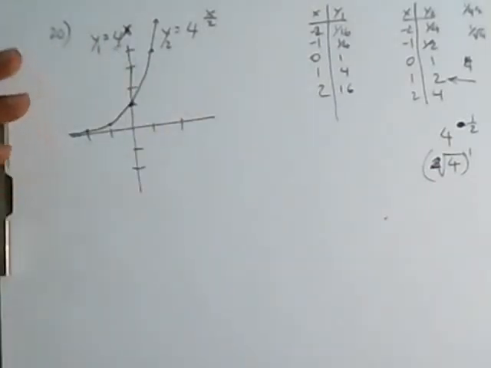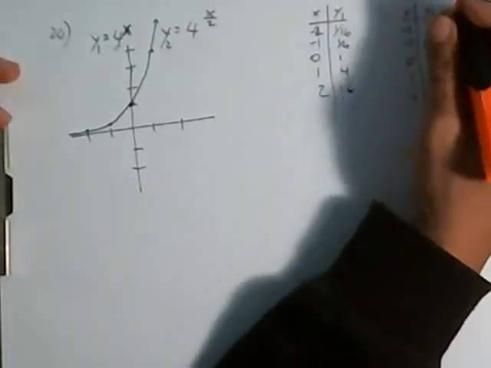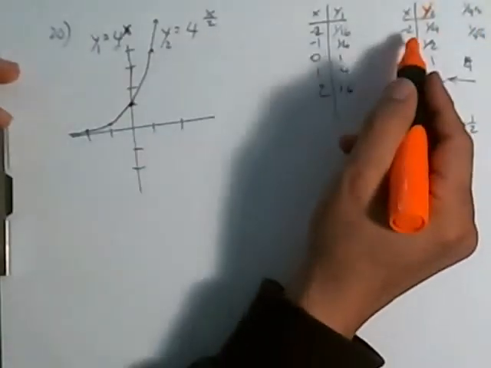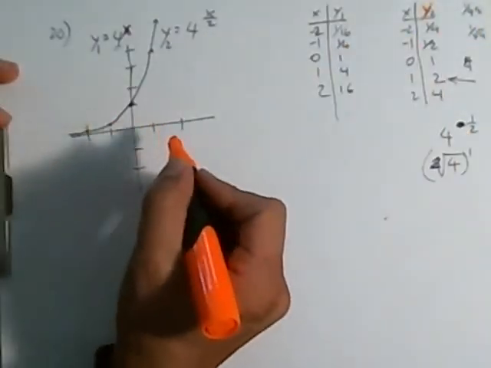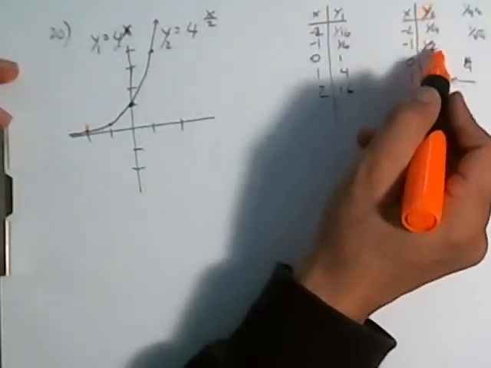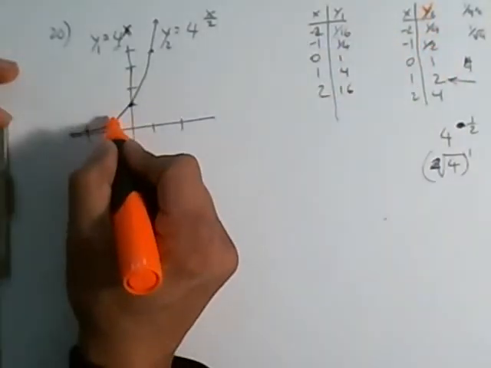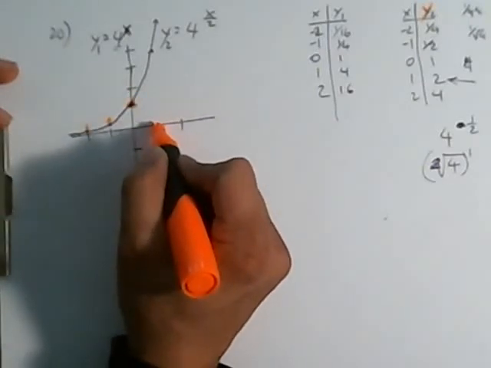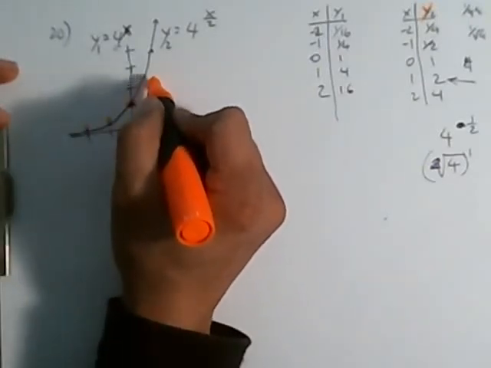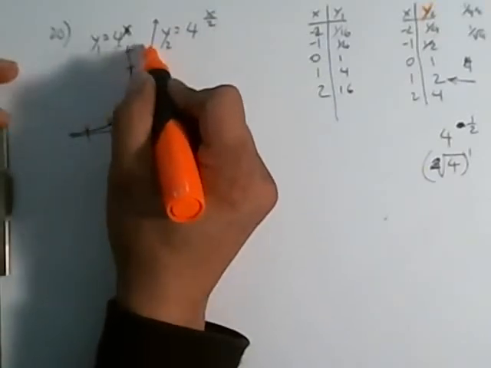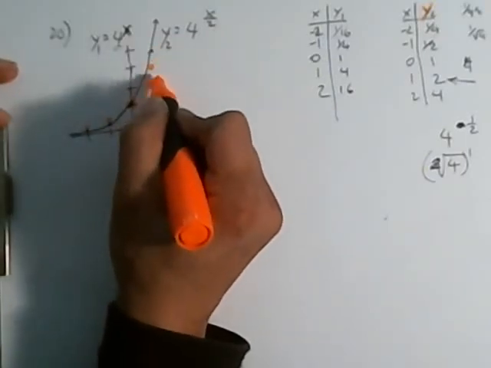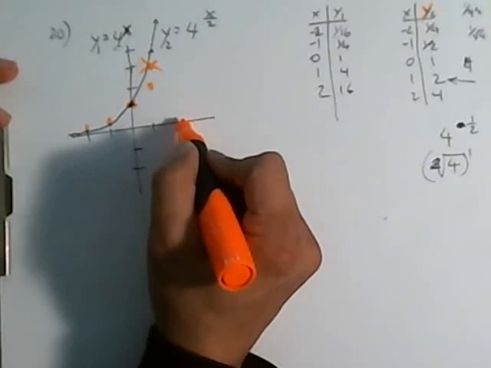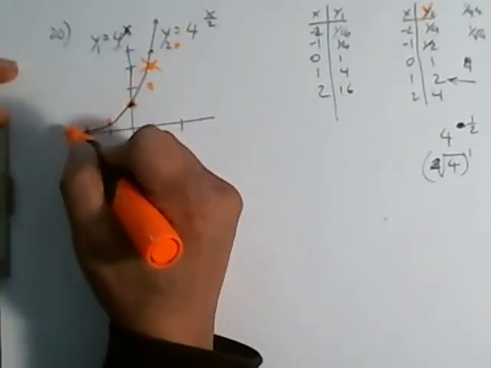Let's graph y2. At -2, it's going to be 1/4, not quite as much as 1/16. At -1 it's going to be 1/2. It's going to go to the same point at 0. It's going to go up 2 units instead of up 4 units. And at 2 it's going to be 4.